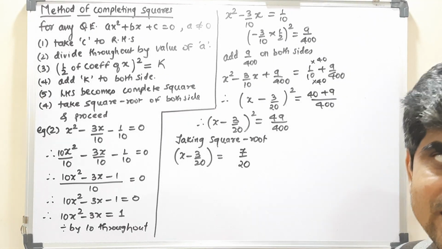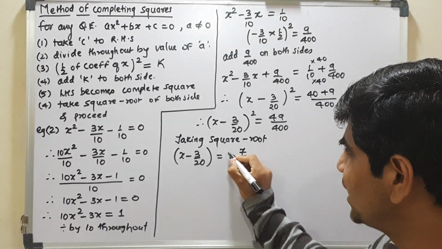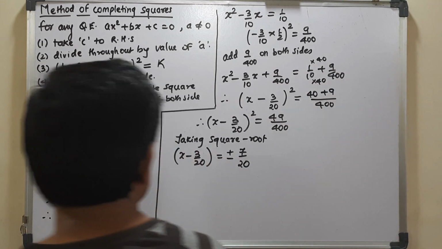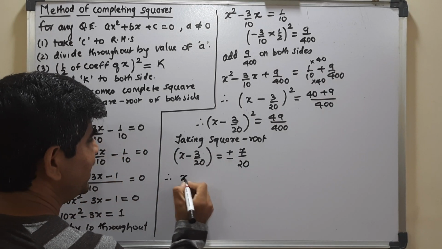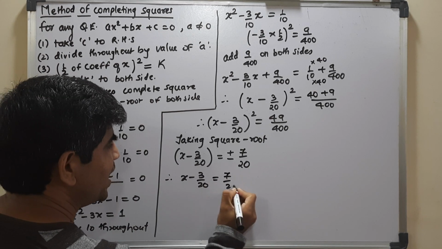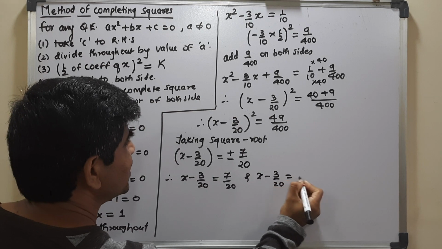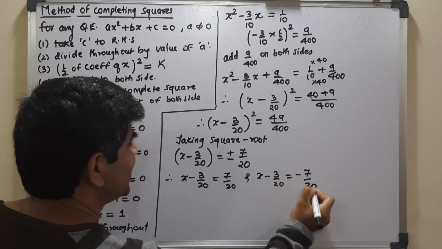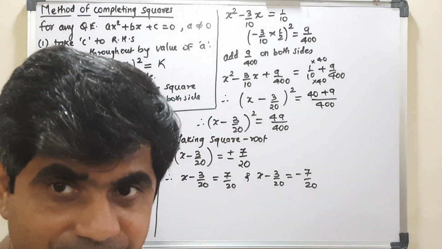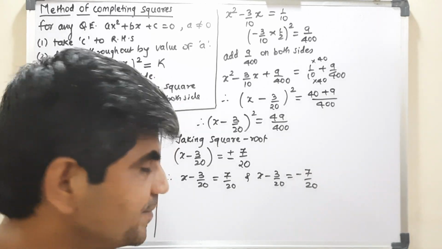And why is it partially correct? Now you know very nicely. Because you have taken the square root, there will be two signs here, plus and minus. So you get x minus 3 by 20 is equal to plus 7 by 20, and x minus 3 by 20 is equal to minus 7 by 20. These are the two cases. That is, the left side remains the same, but the right side changed as plus 7 by 20 and minus 7 by 20.